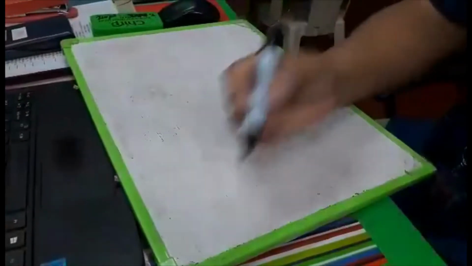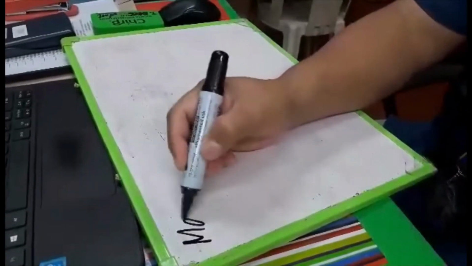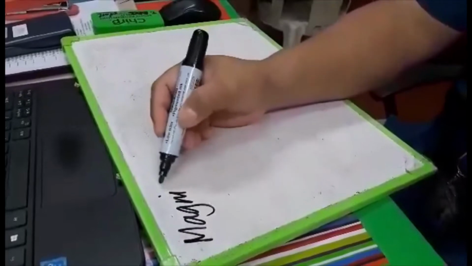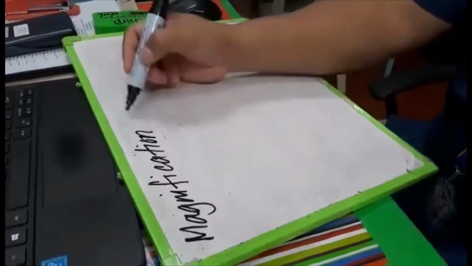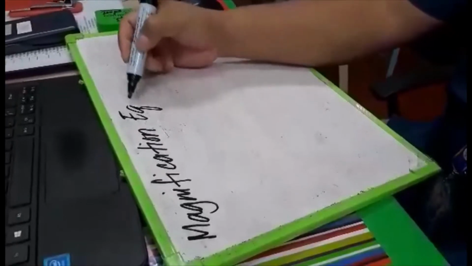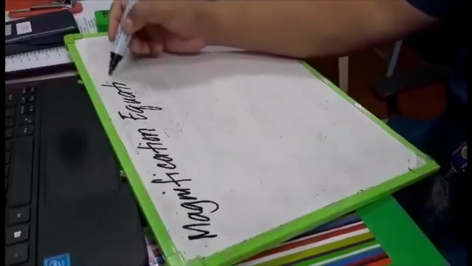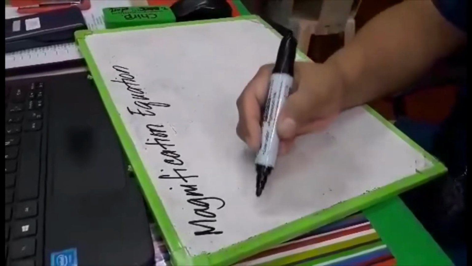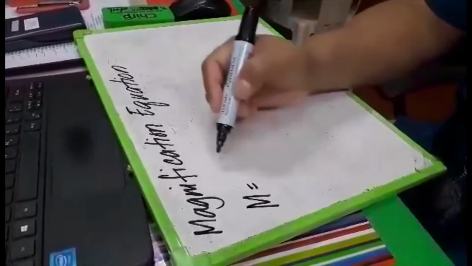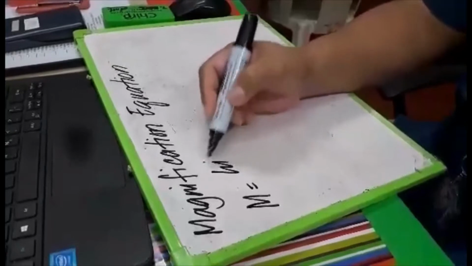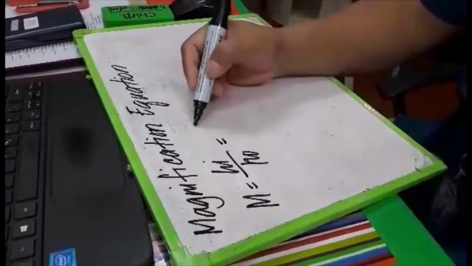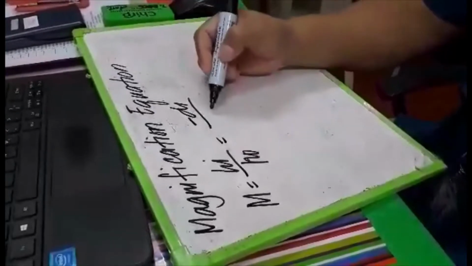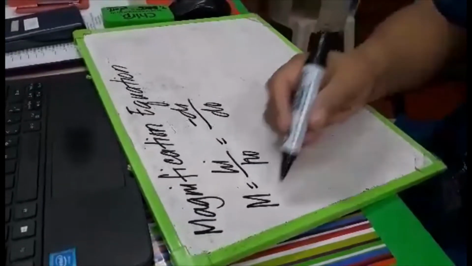our magnification equation. So, magnification equation is equal to M is equal to HI over HO is equal to negative DI over DO. So, ano ibig sabihin nito?